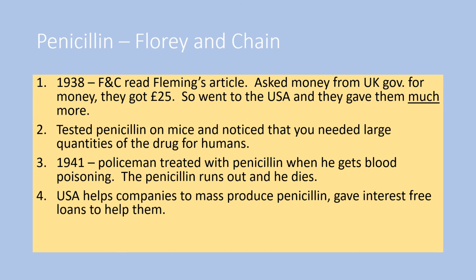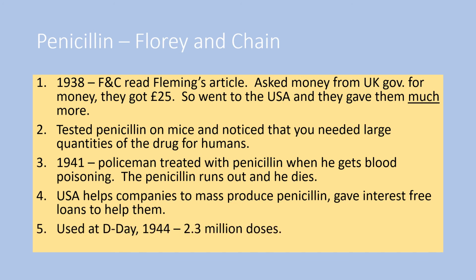And the huge tanks that were available, say for instance, in a lot of the chemical companies in America, were ideal for mass producing penicillin. So like I said here, the American government goes to these companies and says, we will give you money to change your production to produce penicillin in huge quantities. And of course, they take that up.